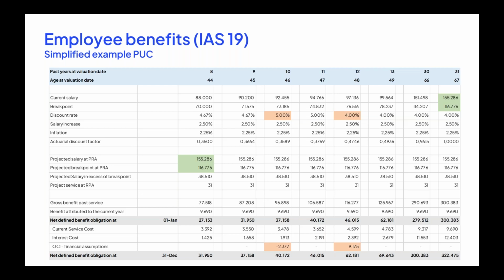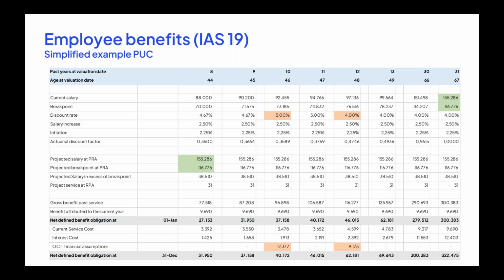So at a discount rate of 5%, and that has a positive impact on OCI, meaning I will debit OCI and credit my liability in that case of 9,175. Remember to recognize also deferred taxes on that. So what you recognize also in OCI will need to be reflected net of deferred taxes.